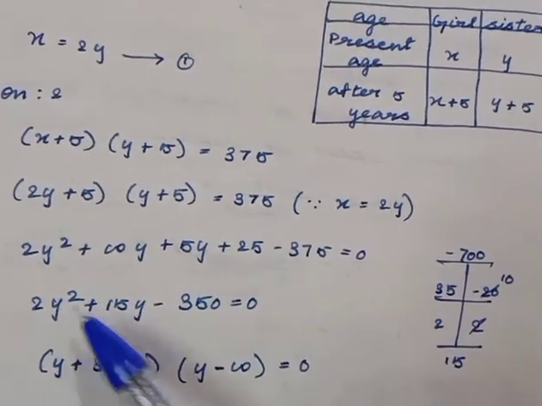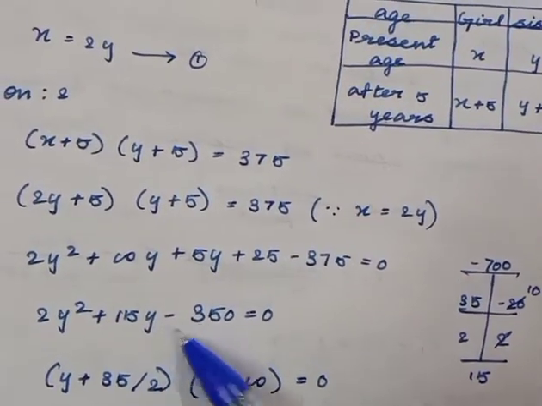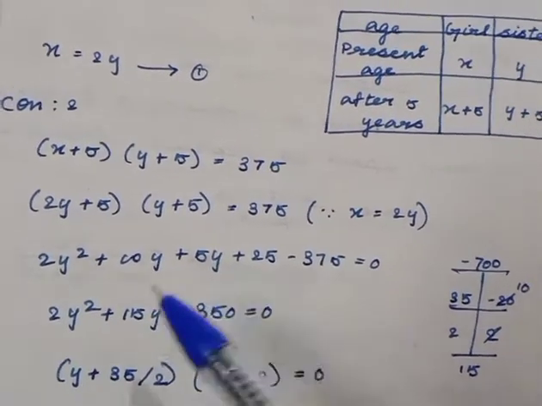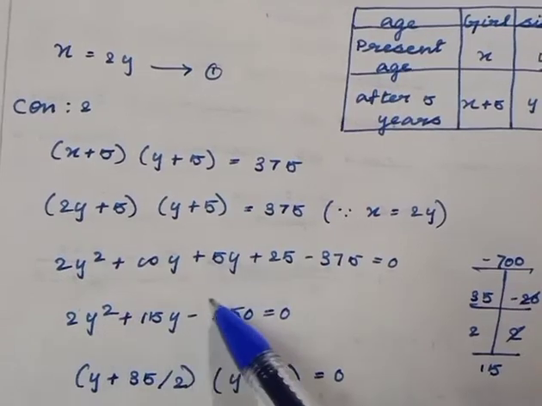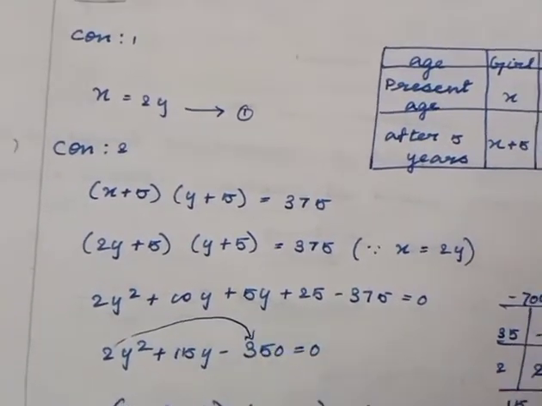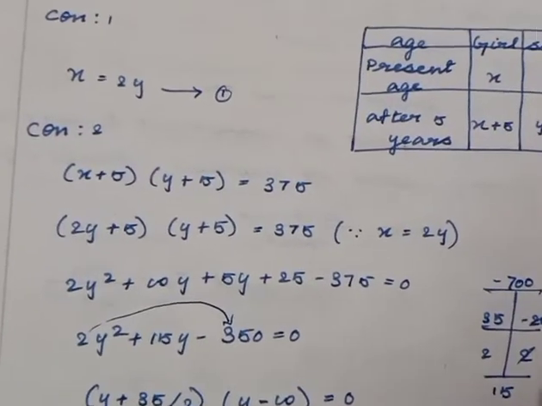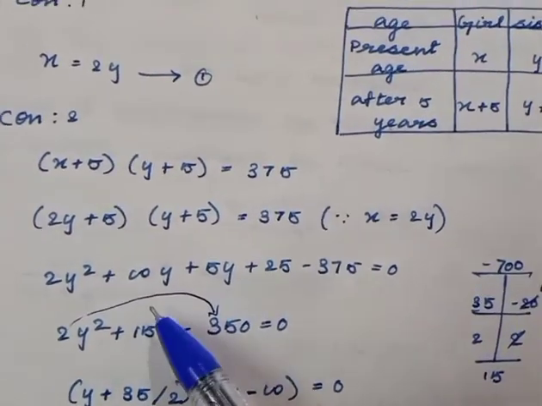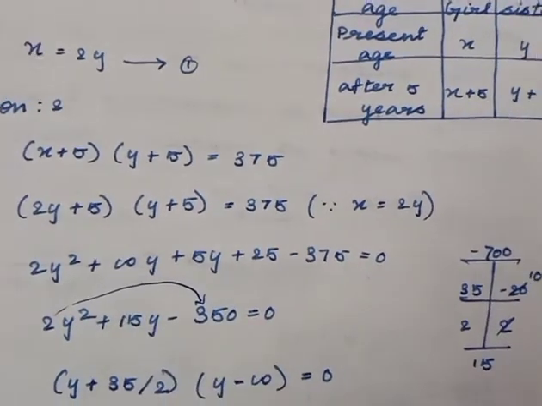Now you have to find factors for this quadratic equation. The coefficient is 2 here, so you have to multiply these two. Okay students? Yes, 2 into minus 350, that is minus 700, that is the product value. Sum value is the coefficient of y, that is plus 15.